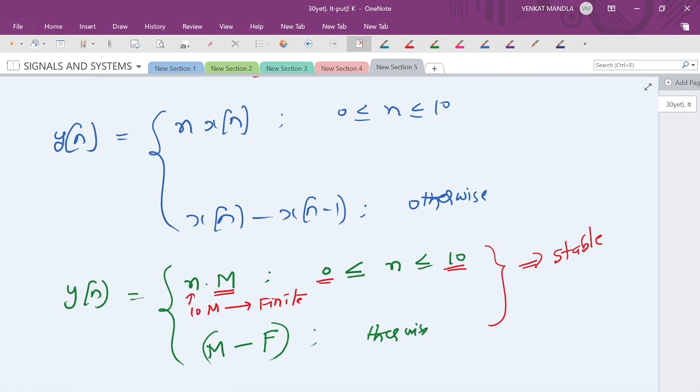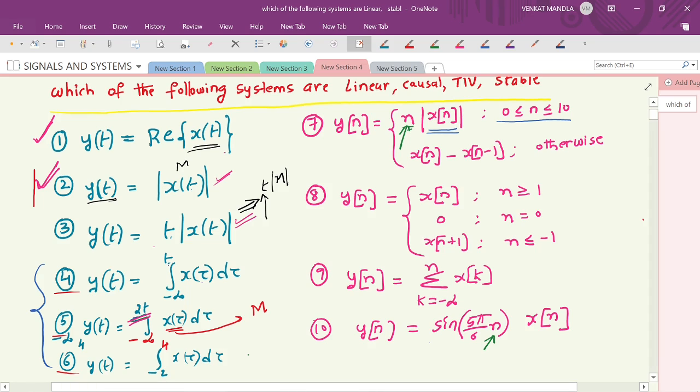Next, for n ≥ 1, x[n], you put m in place of x[n]. For x[n+1], you put some f for n ≤ -1. Anyway, it is 0 at n equal to 0, and 0 is also a finite value. So here put m, here some f. You are delaying x[n] by 1 unit, you won't get infinite by delay, and not by advancing x[n+1] either.